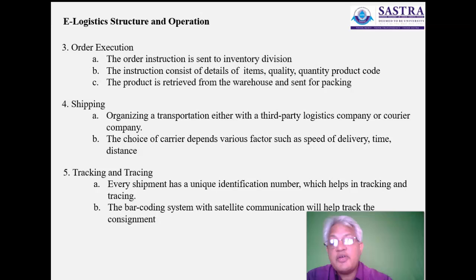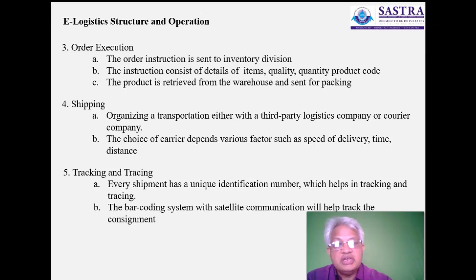The fifth element that now comes in the system is tracking and tracing. Every shipment that leaves the warehouse has a unique identification number. For example, when you buy something from Amazon, you get the receipt which is pasted on the box. You can look at the identification number. Through this number, Amazon can track every detail of your shipment.